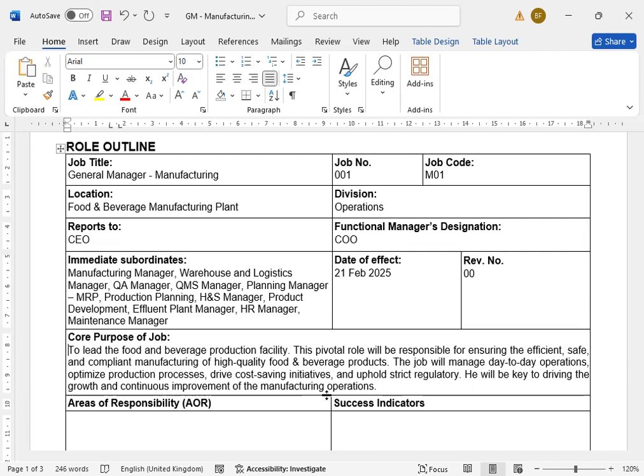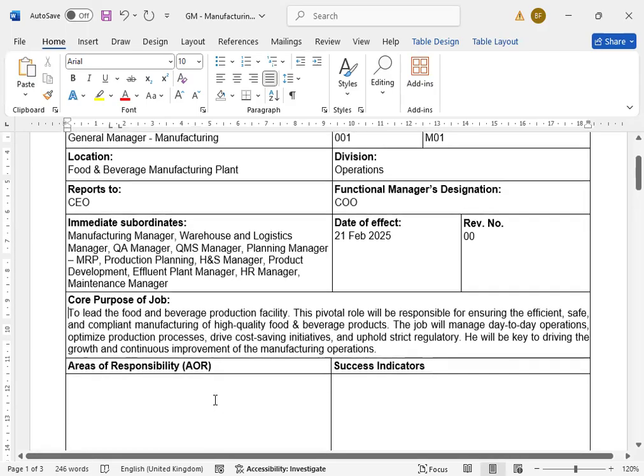He will be providing career development for the people working under him, the managers, the supervisors, the superintendents, even the manual grades like operators, technicians, etc. Is it clear to you, the core purpose of the job?